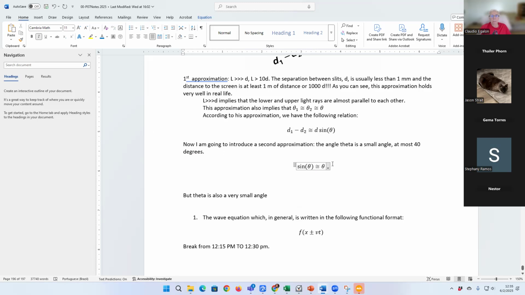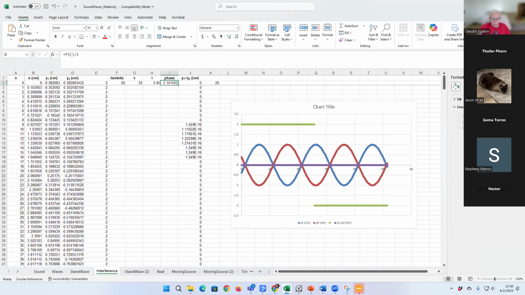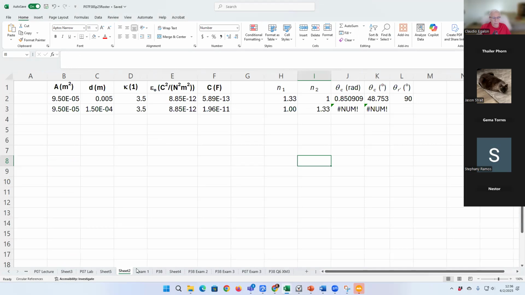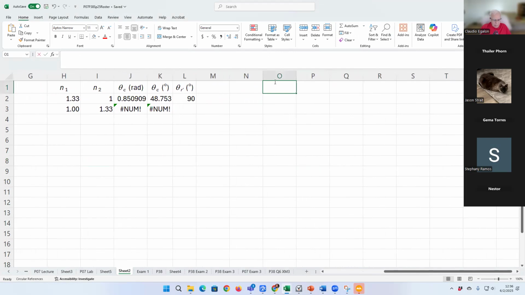And I can prove that to you using a spreadsheet, but don't forget theta must be written in radians. Let me prove that for you. Here you go. Theta in degrees, theta in radians, and then I'm going to do sine of theta.